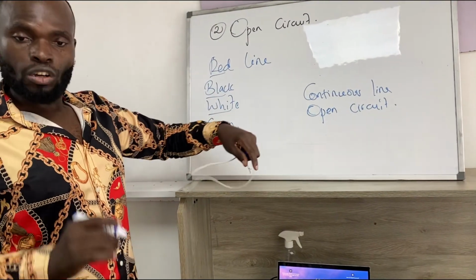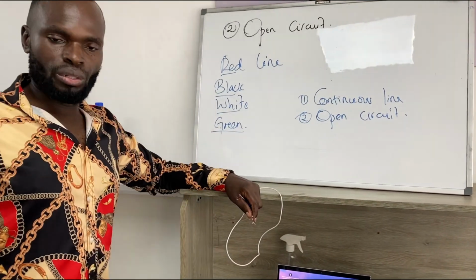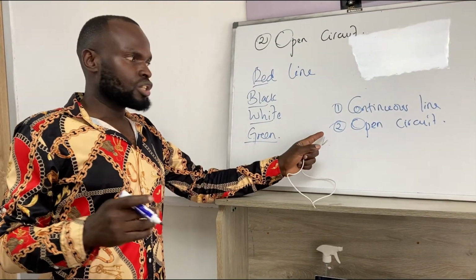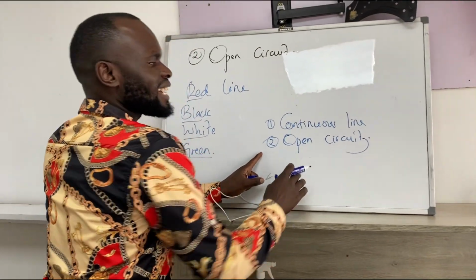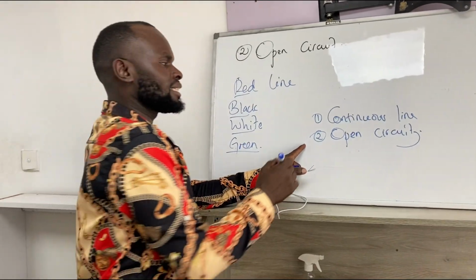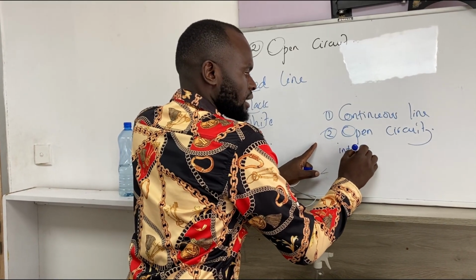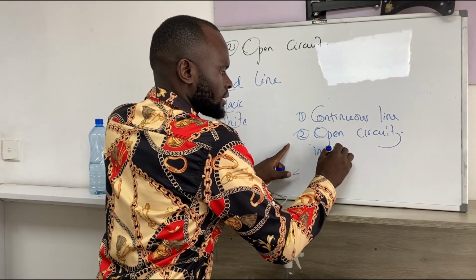A continuous line is a complete line. A complete one. An open circuit is one that has a breakage somewhere in between, even though you are expecting it to be complete. So this one is an incomplete line. Okay, it's an interrupted line. It has an interruption. Interrupted line. Sorry, spelling is gone.